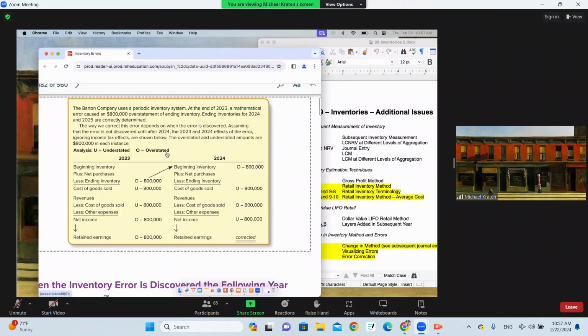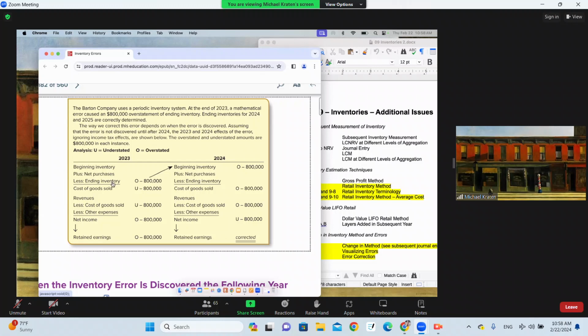And we overstated our estimate for ending inventory by 800, which is a good reason to never estimate and to instead invest in computer equipment so you can track the actual flow of each inventory item. But they didn't do that. And so they overstated the amount of inventory that was on the shelves at the end of the year.